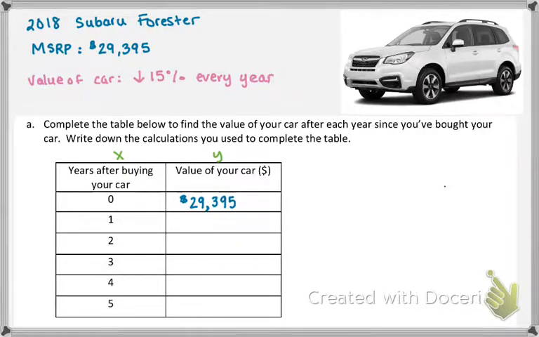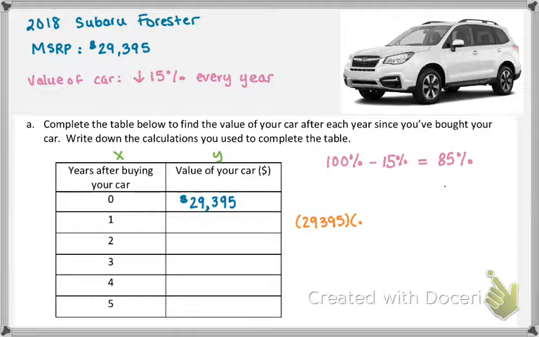Or you could think about it another way and say, if I'm losing 15%, then 100% take away 15%, my car is going to retain 85% of its value. And so the value of my car after that first year is going to be 85% of $29,395.